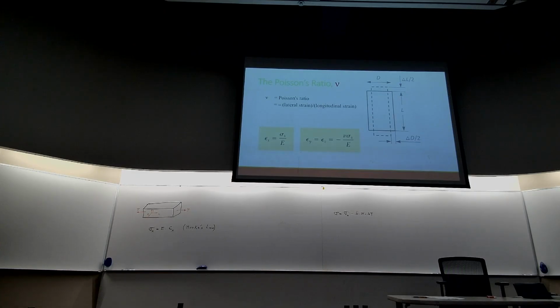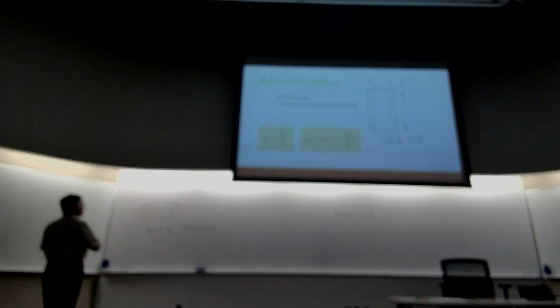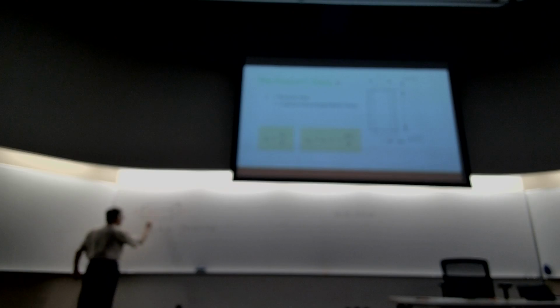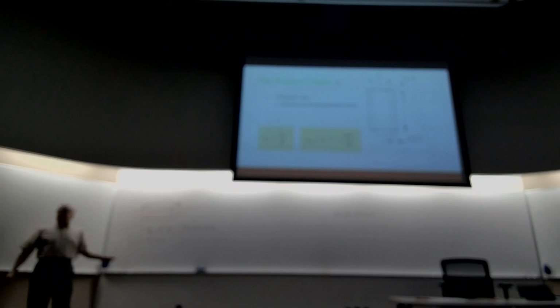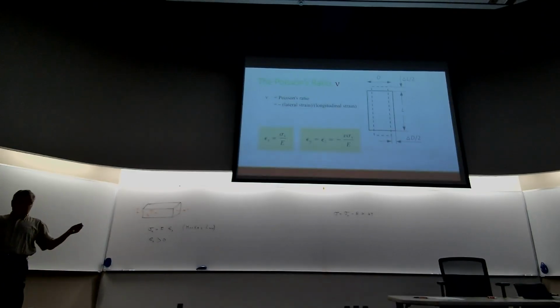Modulus of elasticity, which is one of the columns in the table. So, in this case, epsilon x will be a small positive number because the material gets longer in the x direction.